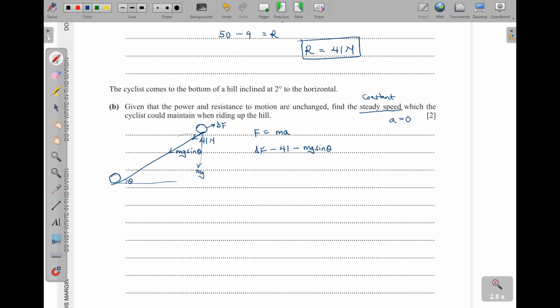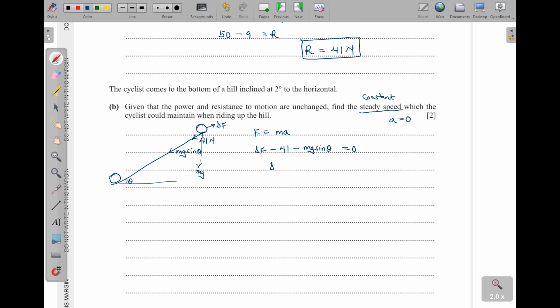We just take the whole of it as the resistance due to motion, to friction. But when you use F equals MA, that is when you consider the mg sine theta. That mg sine theta is catered for in the energy method where we are using the potential energy. Then next, we equate to 0 because acceleration is 0.